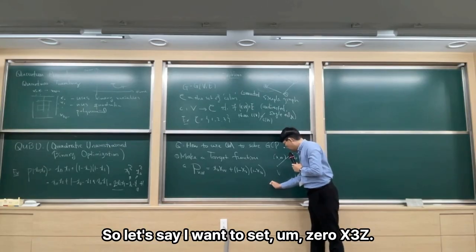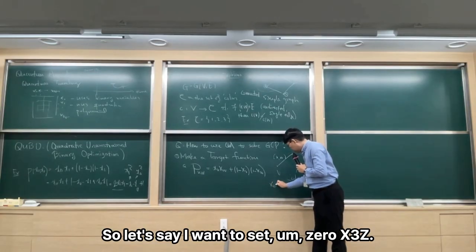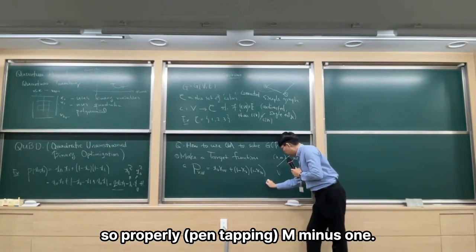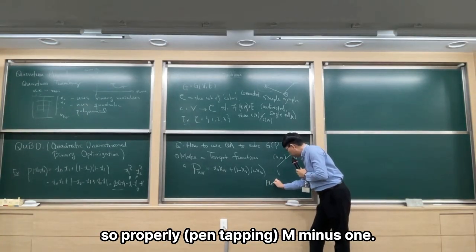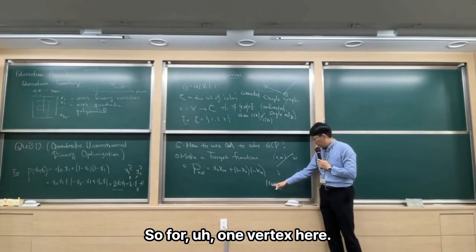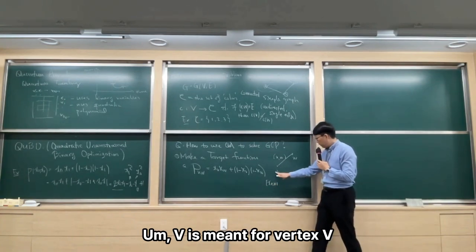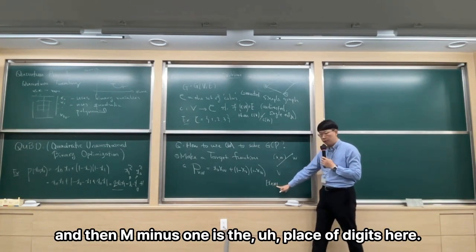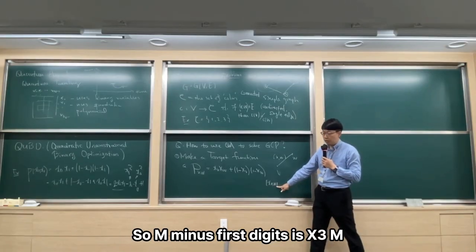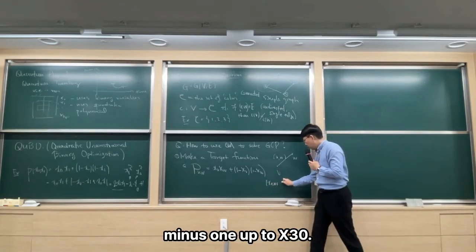Let me write it this way properly: x_{v,m-1}. There are two indices here. For one vertex v, m minus 1 is the place of the digit. So the (m minus 1)th digit is x_{v,m-1} up to x_{v,0}.